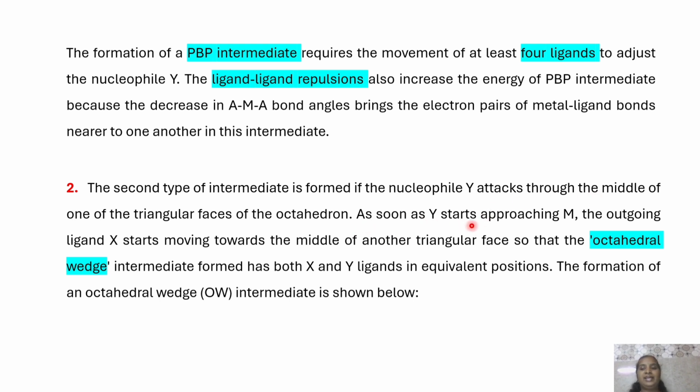As soon as Y starts approaching the metal, the ligand which is present initially in the octahedral structure adjusts itself, and starts moving to the middle of another triangular face, so that the octahedral wedge intermediate is formed, as both the X and Y ligands are in equivalent positions. The resultant intermediate we can call the octahedral wedge intermediate.